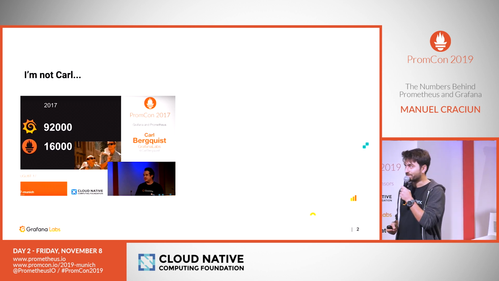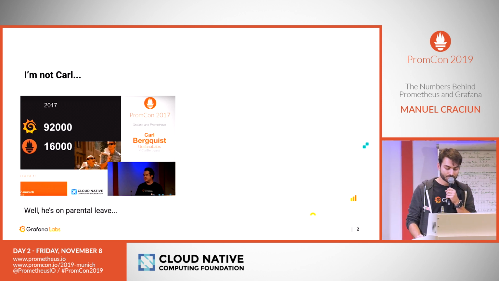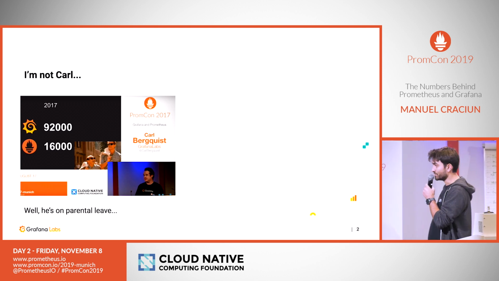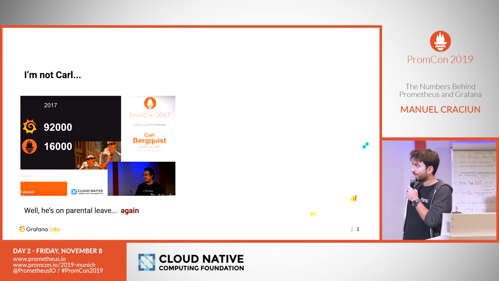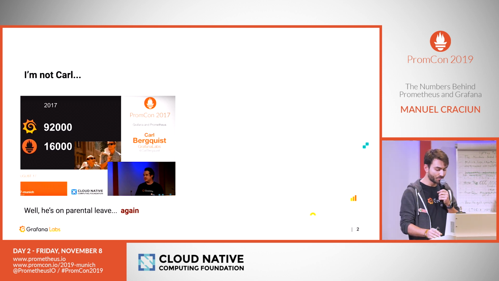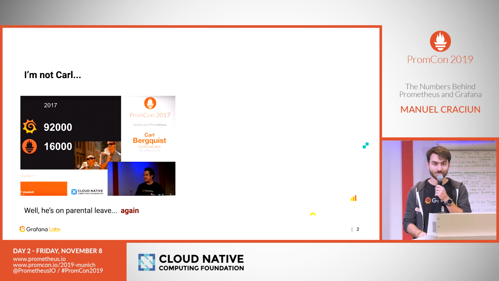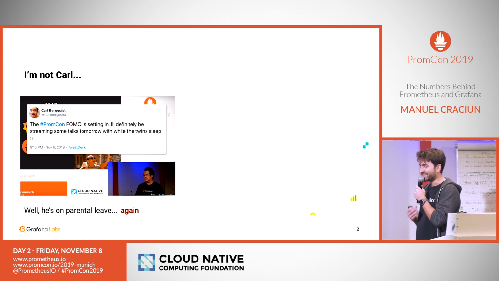He was here a couple of years ago doing this talk, only last year Carl was not here because he was on parental leave. Now he's on parental leave again. He has twins, so if you want to have kids, go to Sweden. He's probably watching, I know, because he's missing it.